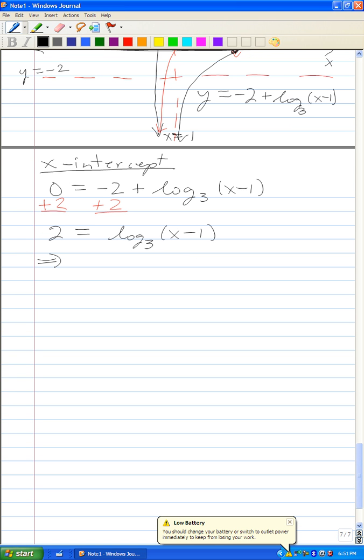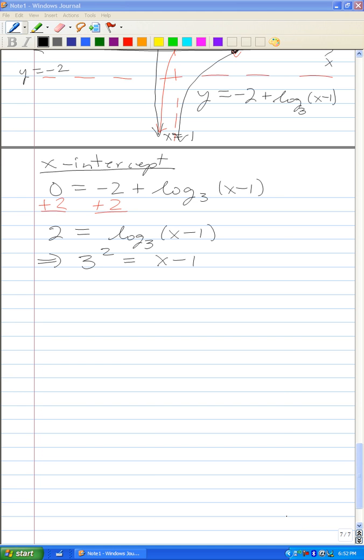I have here the base is 3, the exponent is 2, the result is x minus 1. And so 3 squared is 9.